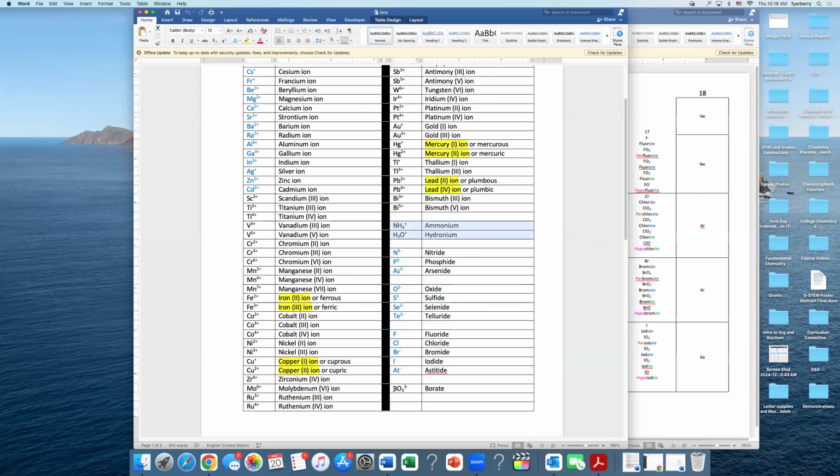You're going to have to know this entire list plus the ammonium, hydronium, and borate from the previous page. I have posted a Quizlet that will allow you to flip through these, but it may be that you are more of a tactile person and need to make your own flashcards. Whatever you got to do, you got to do.